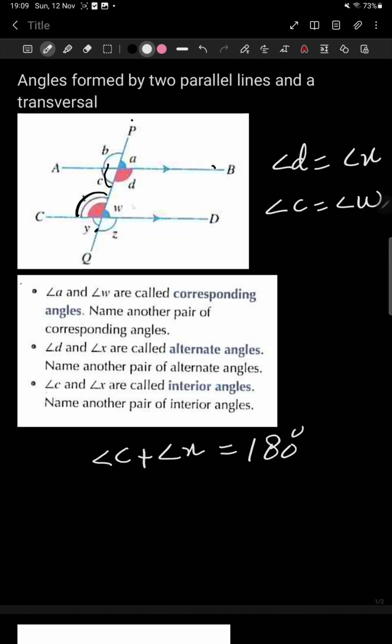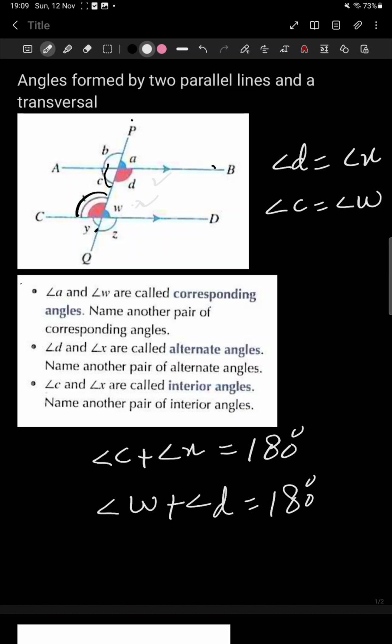In the same way, angle W and angle D, when we add them, they will give us 180 degrees. The total will be 180 degrees. So this knowledge will help us find the unknown angles in parallel lines.